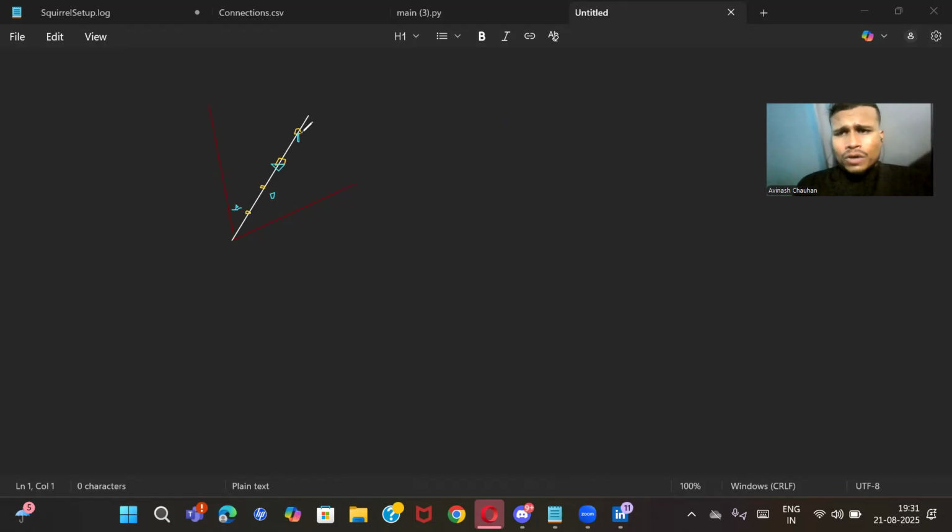So how are we going to find this line? All of you have already studied y is equal to mx plus c, where m is the slope. We can write this as y hat is equal to mx plus c.